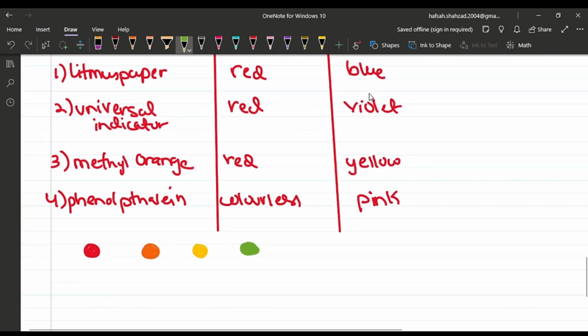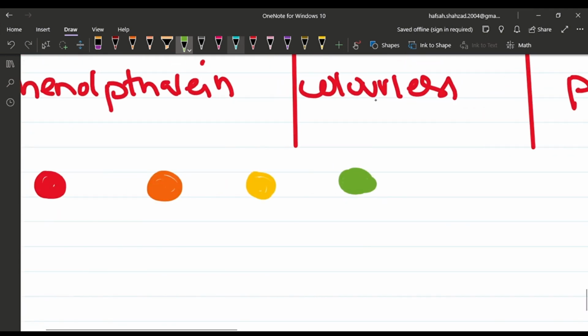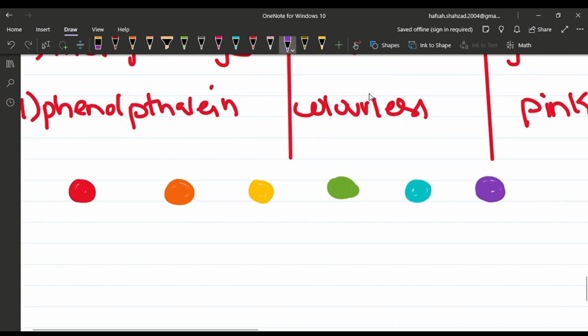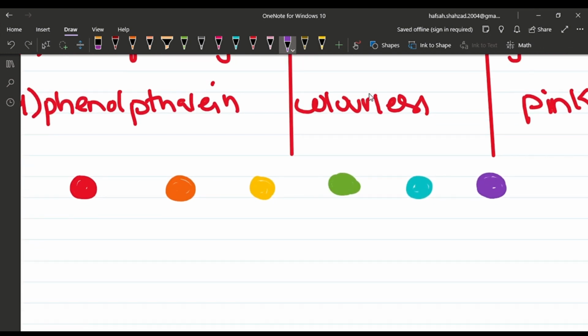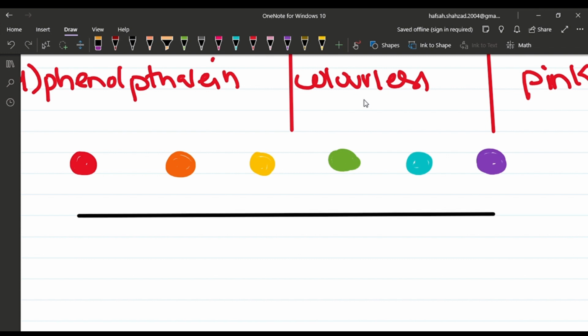Violet was for your alkali. Now this is what a normal color chart of universal indicator would look like. Let's make a line as well, because why not? So we have from here to here.